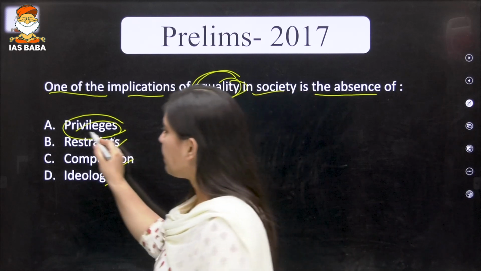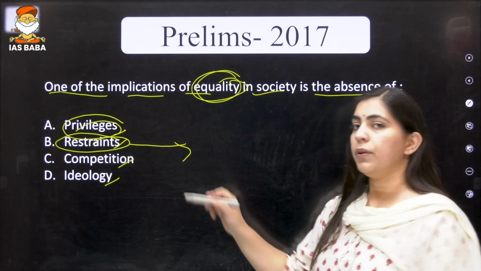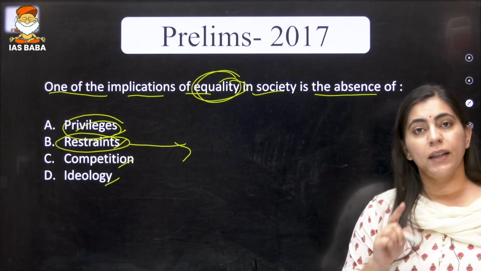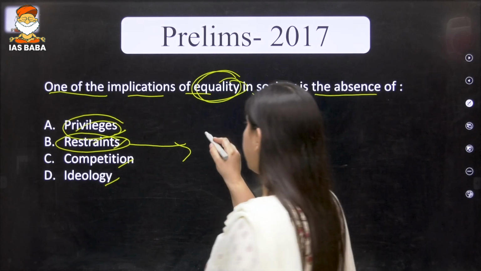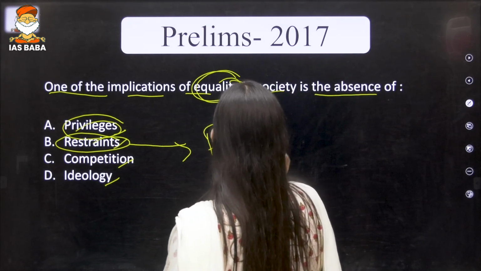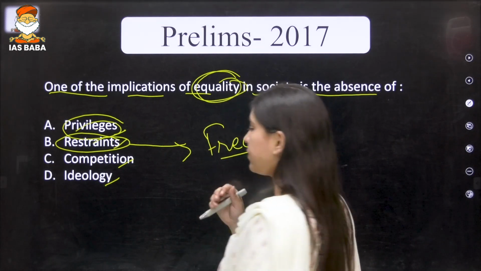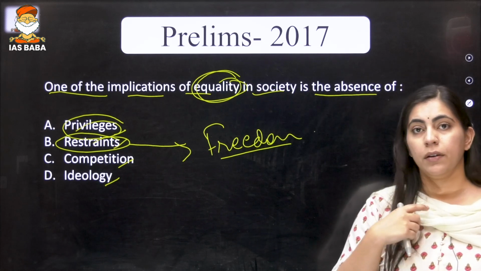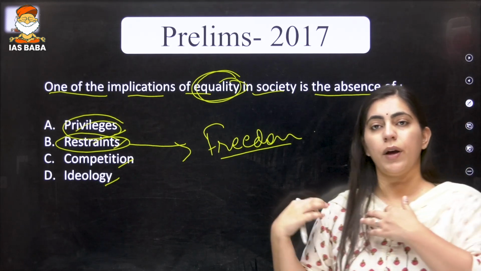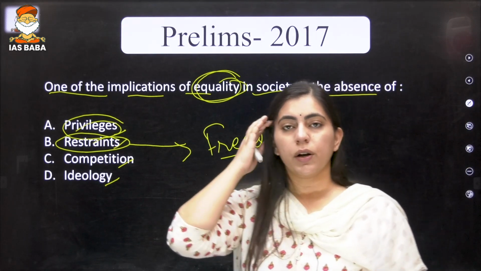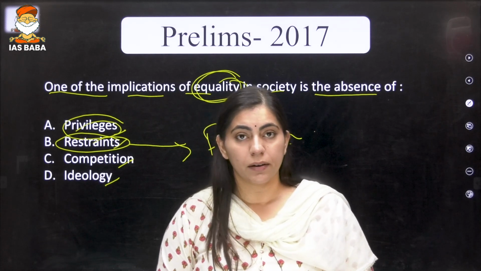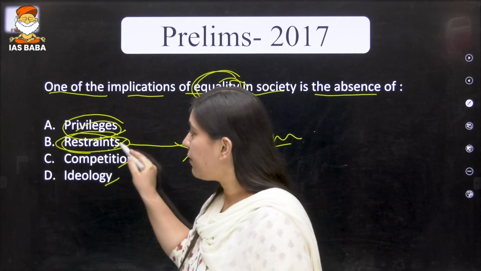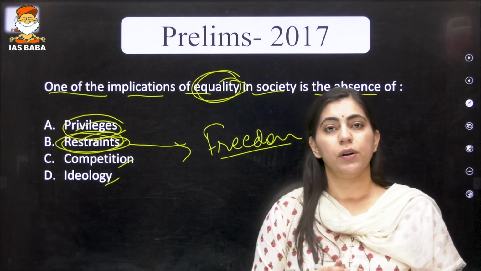But absence of restraint, we have read this particular point, that absence of restraint means freedom. Is it clear? When there is no restraint on you and you are totally free, it is called as freedom. Is it clear? So, whenever the restraints are not there, it is called as freedom.